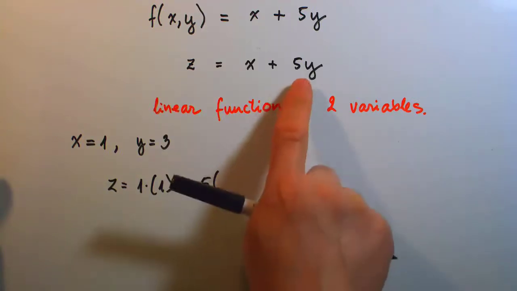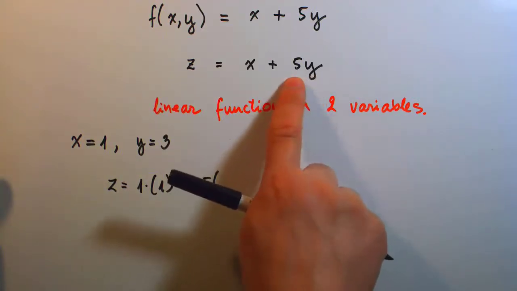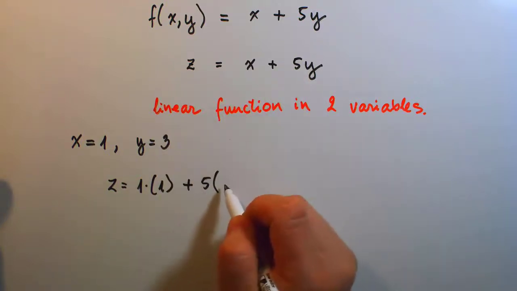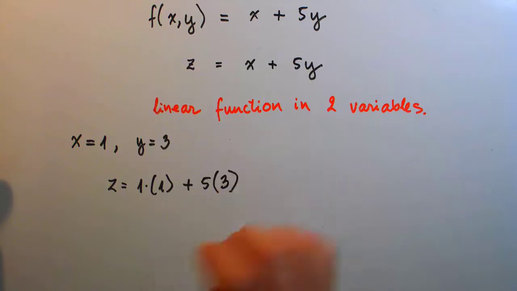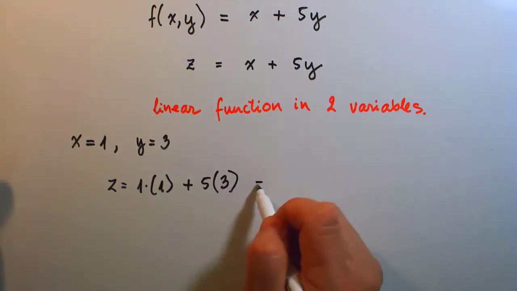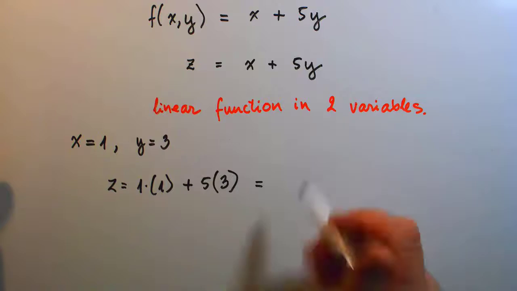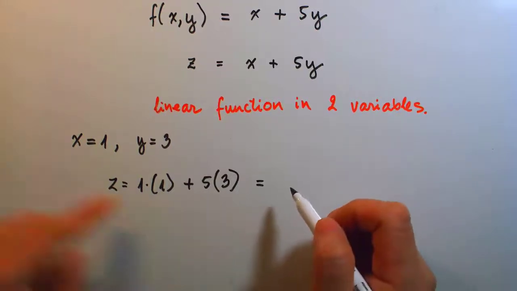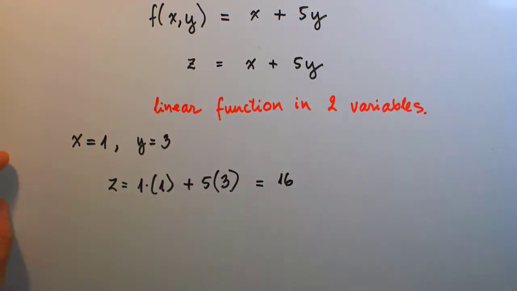So here for our y variable, we multiply y by 5 according to the function. So 5 times y substituted by 3. So our function here in the end has output. The value for z equals 1 plus 15, 16.